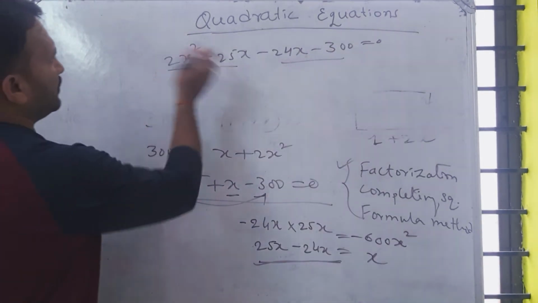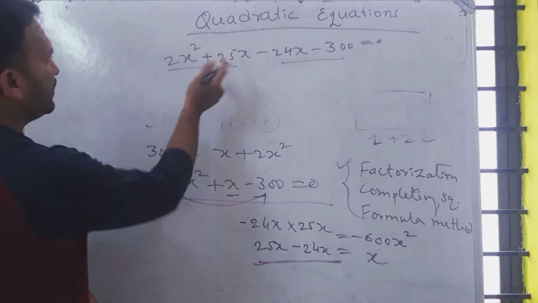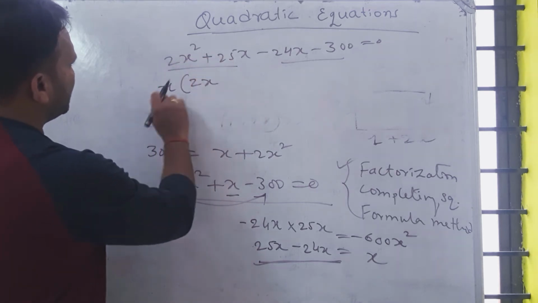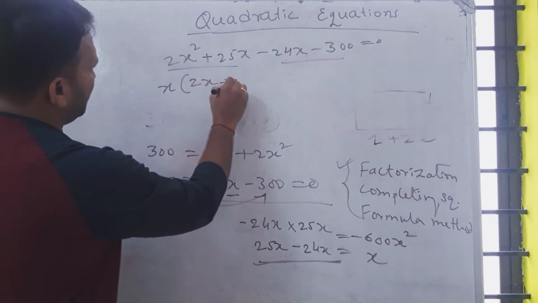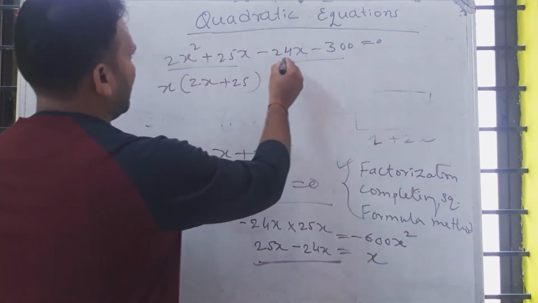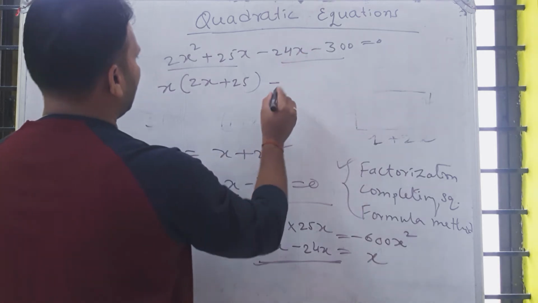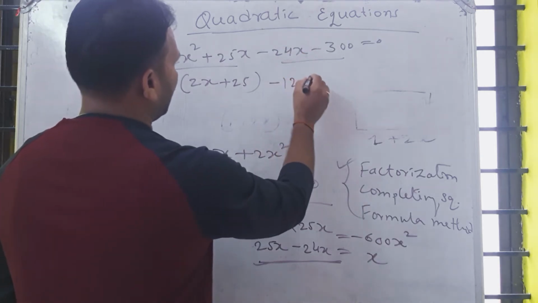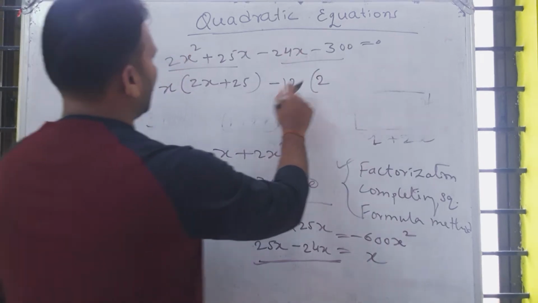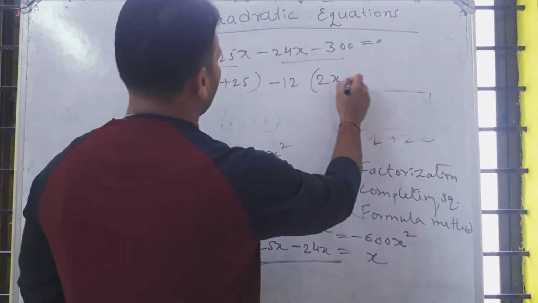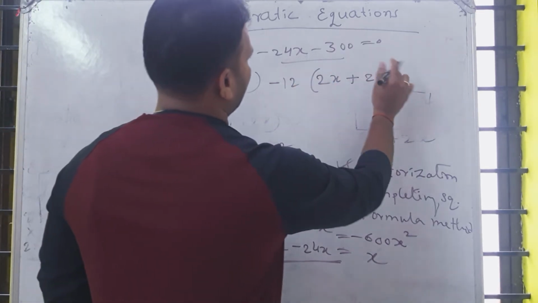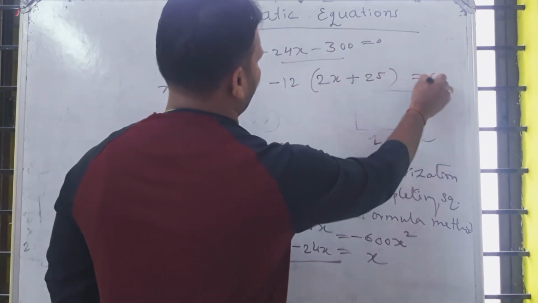Now you just take out the common term. Here the common term is x: 2x square plus 25x gives x into 2x plus 25. And from the last two terms, take out minus 12: 12 twos are 24, and 12 twenty-fives are 300.